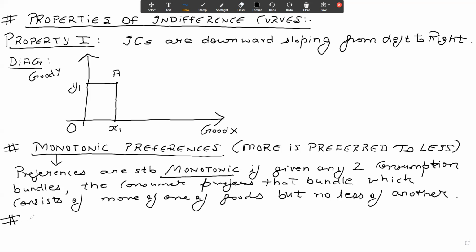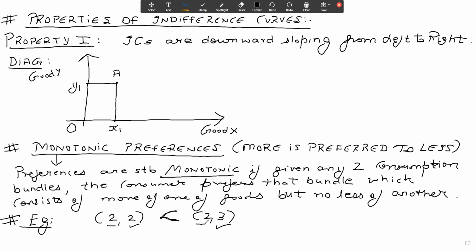For example, suppose I take two consumption bundles, 2,2 and 2,3. Then the consumer will strictly prefer 2,3 over 2,2. Why? Because it consists of more of one of the goods, but no less of another. You can see 2 is the same here, but 3 is more than 2.